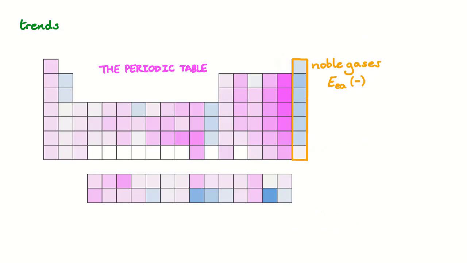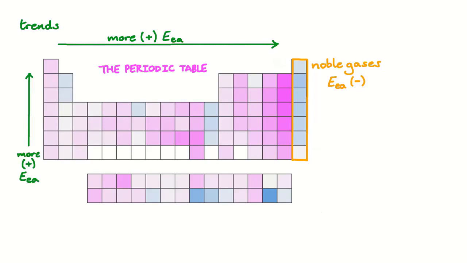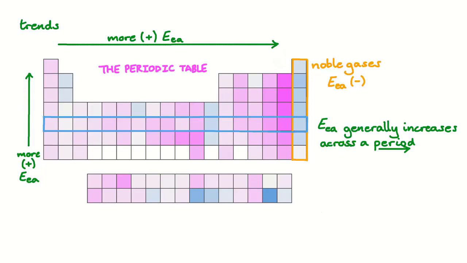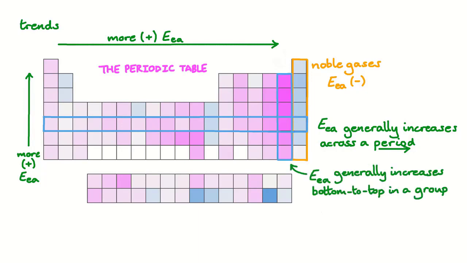For instance, all the noble gases have negative electron affinities. But otherwise, electron affinities generally become more positive, moving left to right and bottom to top. Generally speaking, we can see an increase in the electron affinity of the elements across a single period, moving left to right. And for quite a few of the groups, we can see an increase in the electron affinity as we go from the bottom to the top.